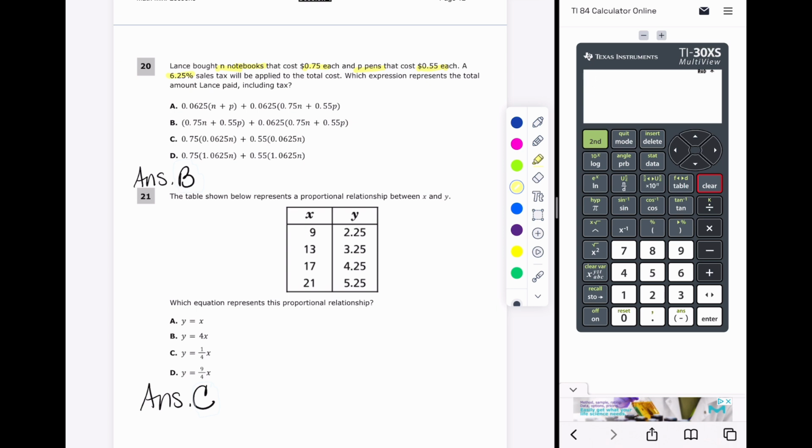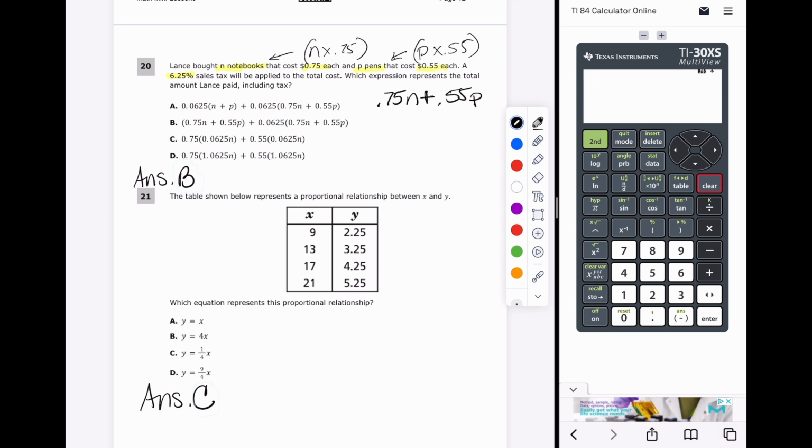Okay. So thinking about this, if I wanted to know how much he spent on notebooks, I would do the notebooks times 75 cents. And then I would do the pens, because they're 55 cents, the pens times 55 cents. So right there I have 75 hundredths times N, and I have 55 hundredths times P. So I would add those two up together, because that's going to tell me how much I spent.